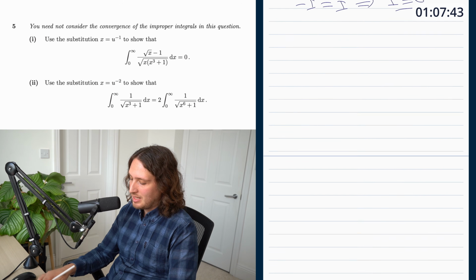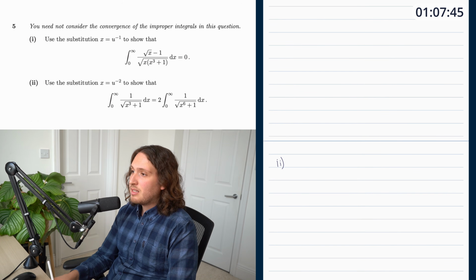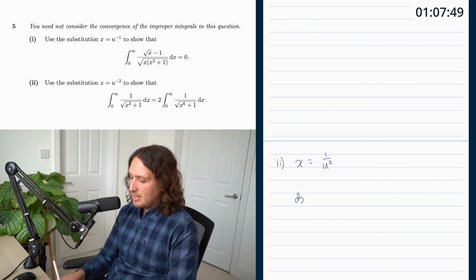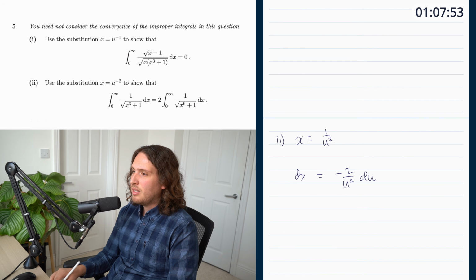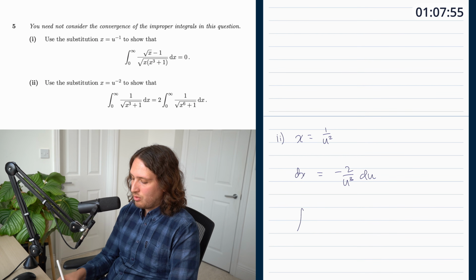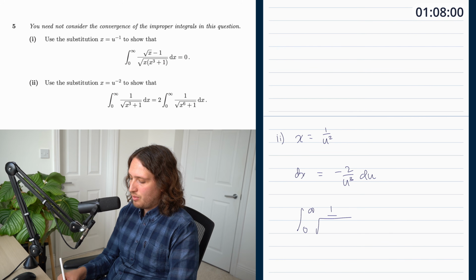Second part, I've got another substitution to make. So if x is 1 over u squared, dx is minus 2 over u cubed du. So if I call my integral, well, I'll just write it, 0 to infinity, 1 over root x cubed plus 1, dx.